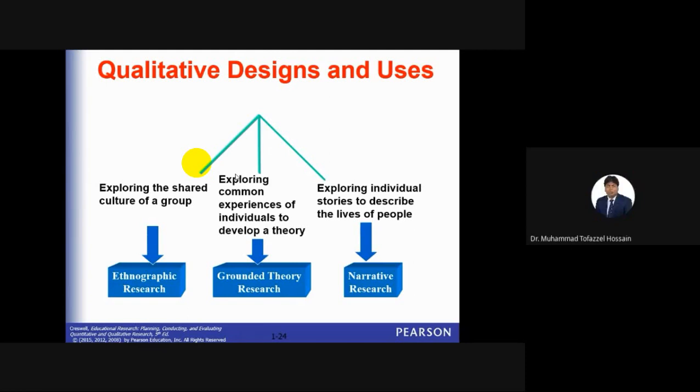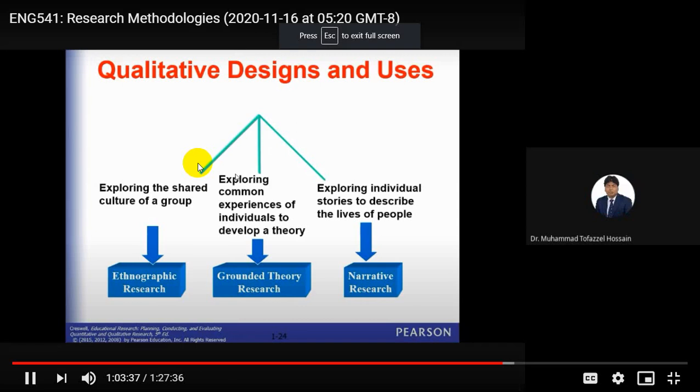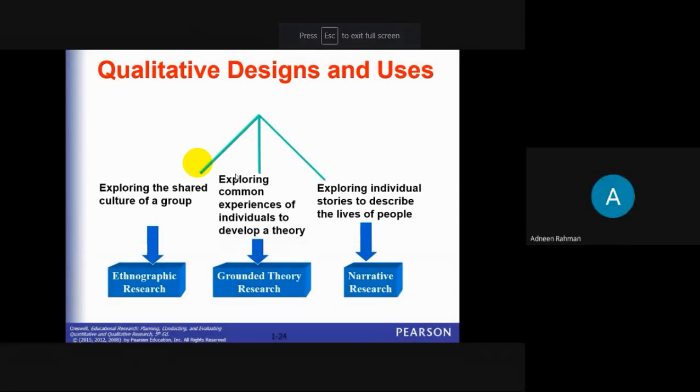So, is it clear to all of you? It's clear to me, sir. What about other people? What about the individuals? Narrative experience. Or what about the whole group? Ethnography: what is your common experience?